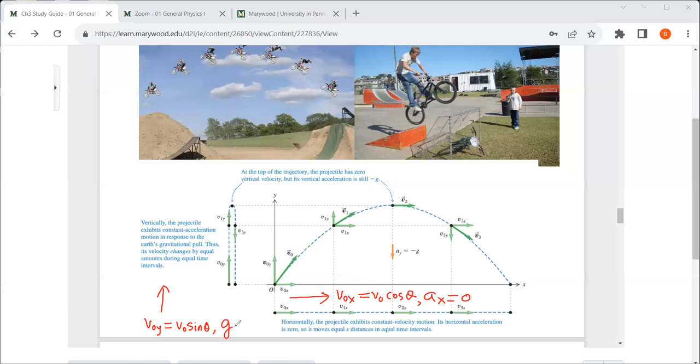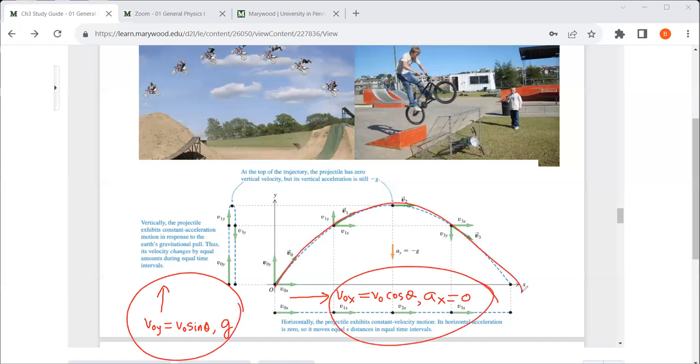When we combine these, we basically get this motion.